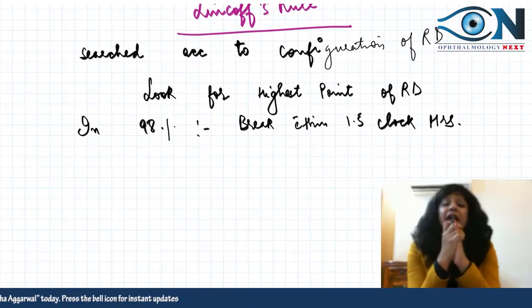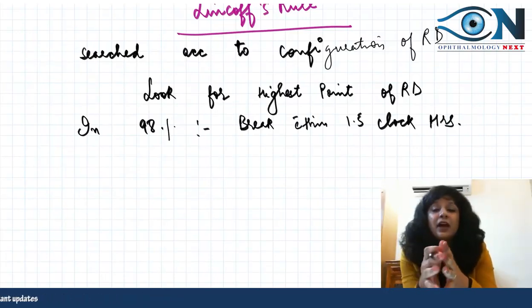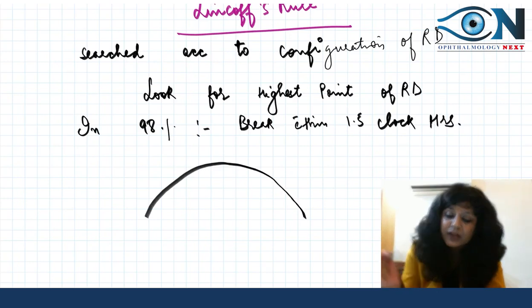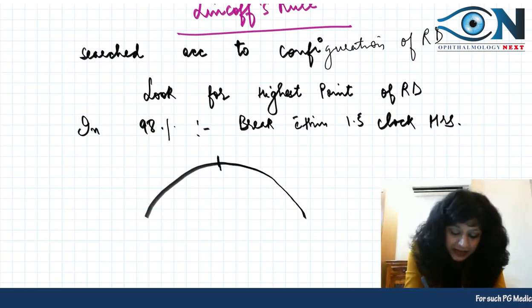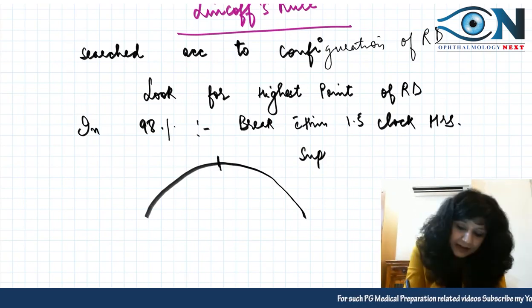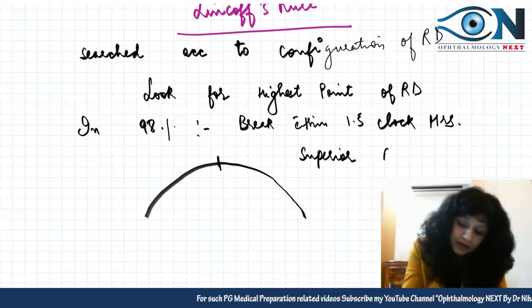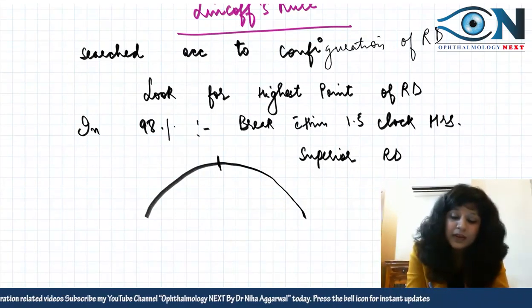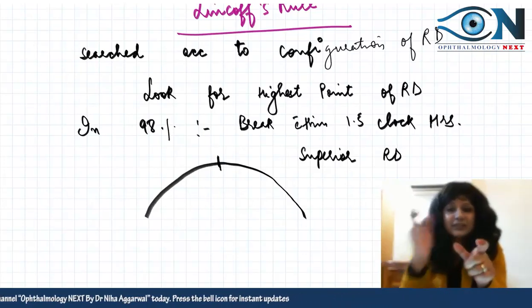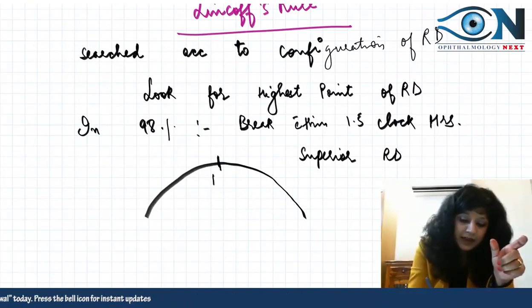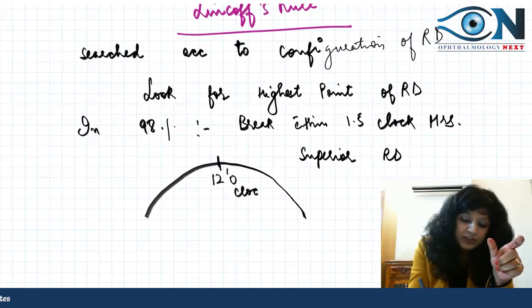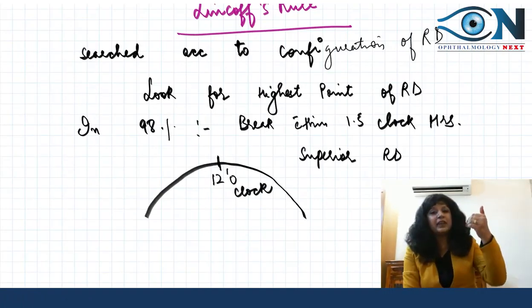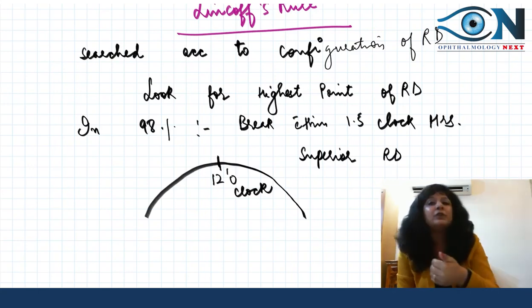Now this is very, very simple, and I think a very important thing. Whenever you get an RD and want to search for the break, how should you go? Look at the highest point of the retinal detachment. Suppose this is the highest point superiorly. If I am having a superior RD, that means your break will be about 1.5 hours here or here. So it will be around 12 o'clock. So search near 12 o'clock, like it can be from 11 to 12 or from 12 to 1.